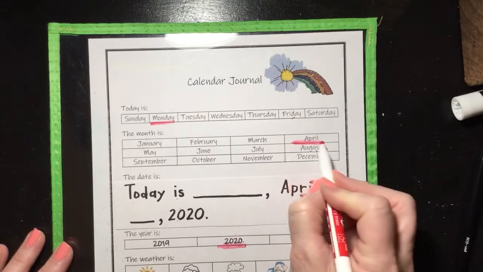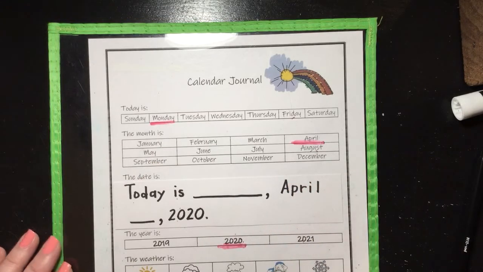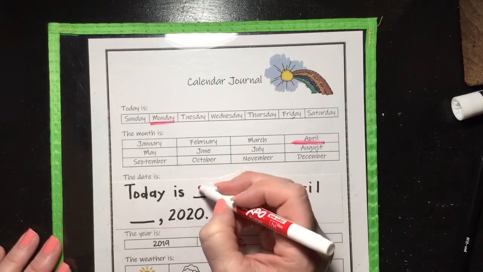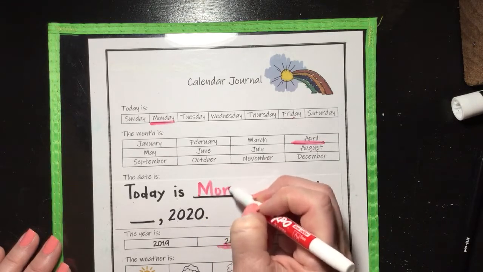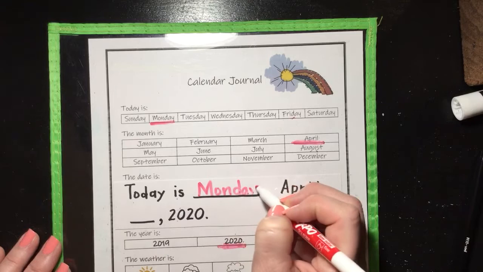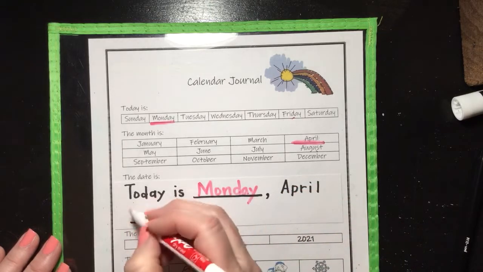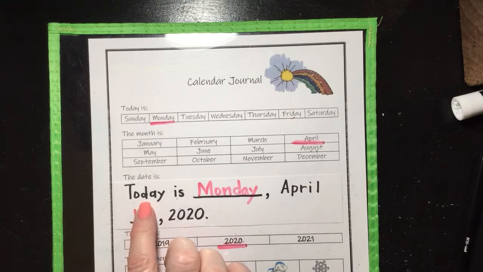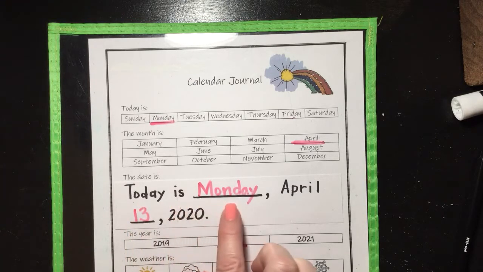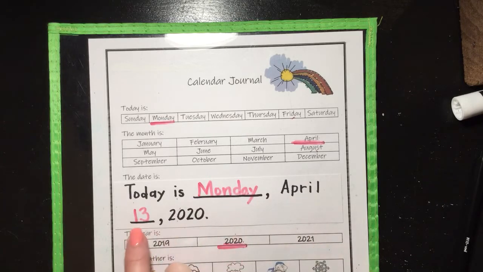We're still in the month of April. And we said it was the 13th. So let's write that. Today is Monday, April 13th. And the year is still 2020. Let's read that together. Here we go. Today is Monday, April 13th, 2020.